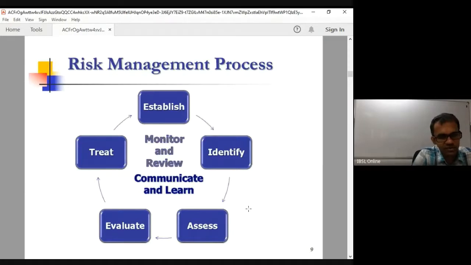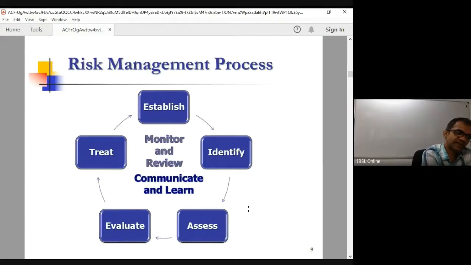So we have done all those things. Still, there is a risk that the whole building may be caught up by a fire. So that is the residual risk. Even after putting all the controls, or whatever the possible controls that we can put, still there may be a risk. That is what we call residual risk.